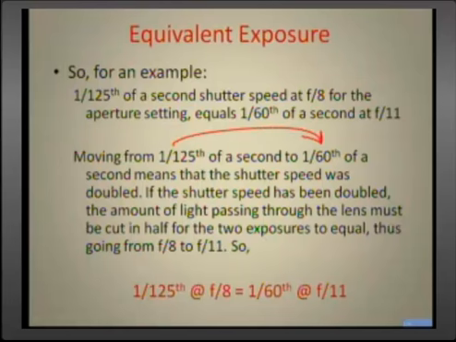So what we can say here then is 1/125th of a second at f8 equals a 60th of a second at f11. If I were to take two identical photographs side by side, one using 1/125th at f8 and the other at 1/60th at f11, the exposure between the two would be identical. You couldn't see the difference in exposure between those two.